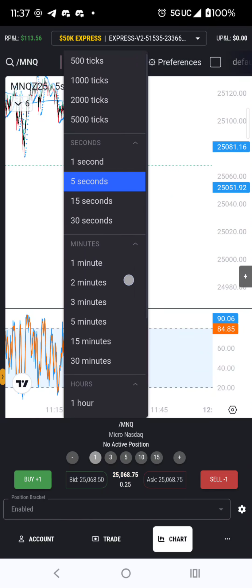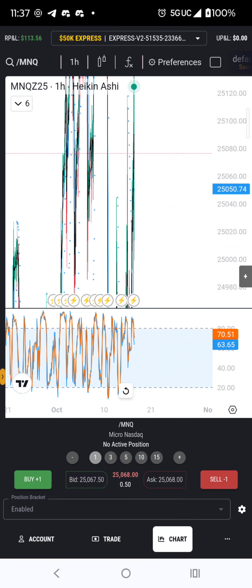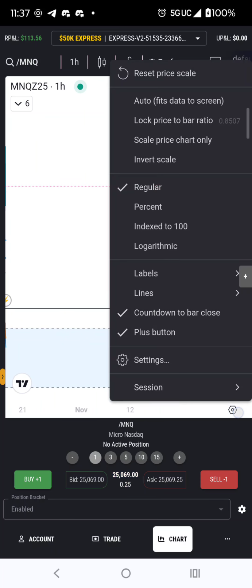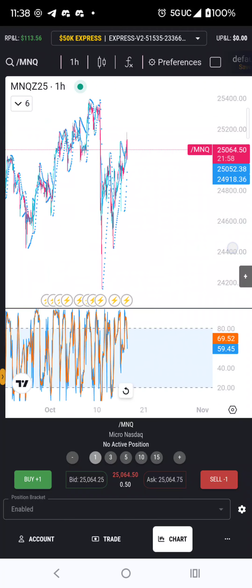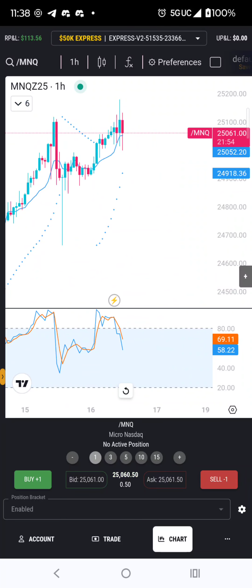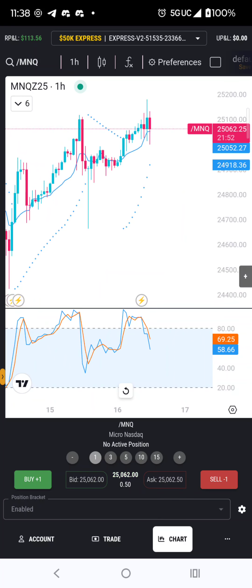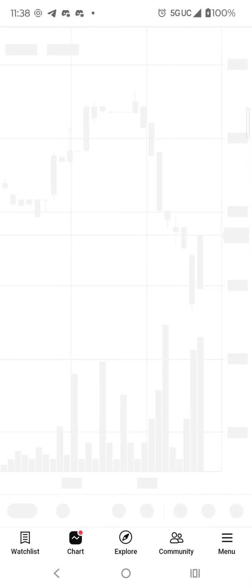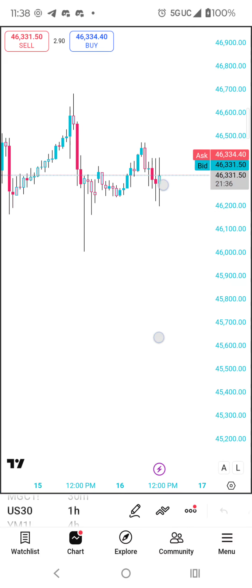Now overall for the day, what we really want to see is... let's look at it on the regular chart. What do we see?